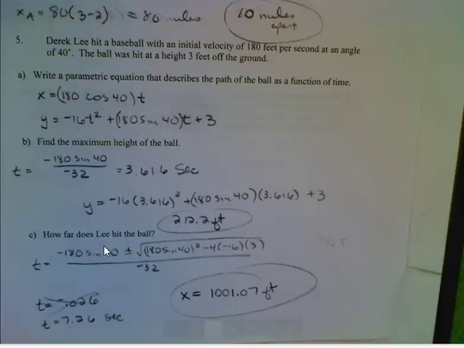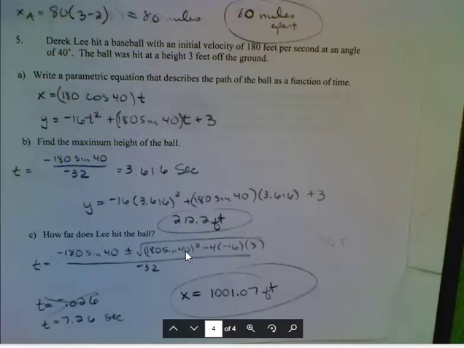So first you have to figure out when it hits the ground, so that's the quadratic formula. So if I set my y value equal to 0, now I have to do the opposite of b, plus or minus square root of b squared minus 4ac all over 2 times a. So that's what I've got here. Again, you'll have to show me that. What I suggest you might do is on your calculator put 180 sine of 40.